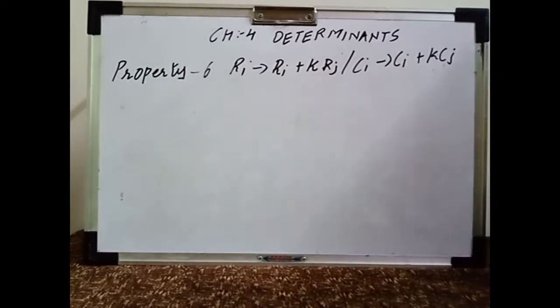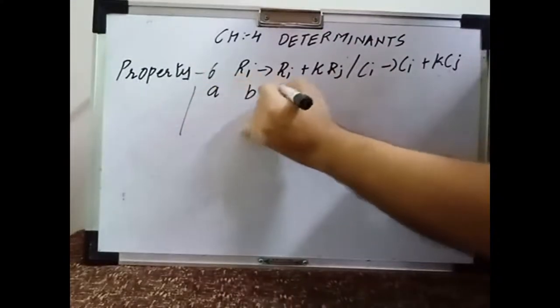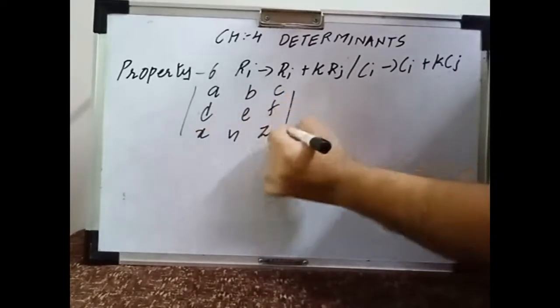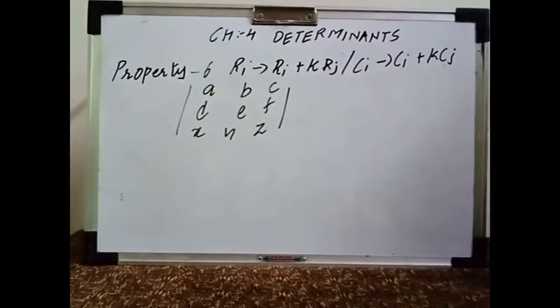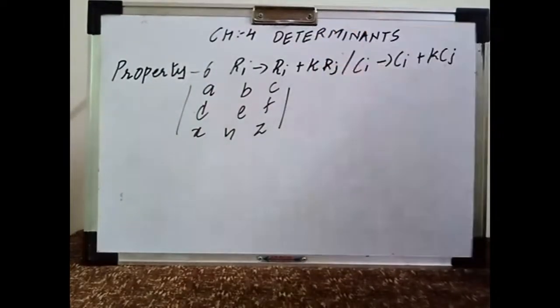We'll understand by applying this. This property says that you can multiply any row with a constant number and then add it to another row to obtain the new row.